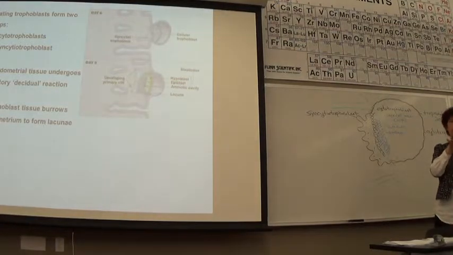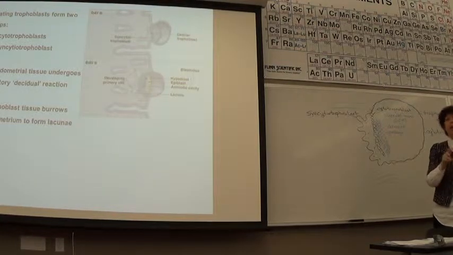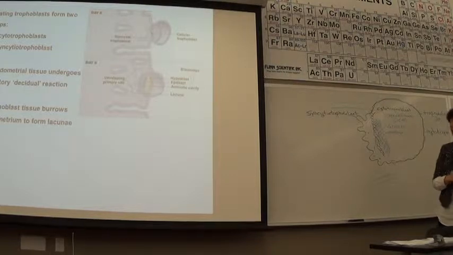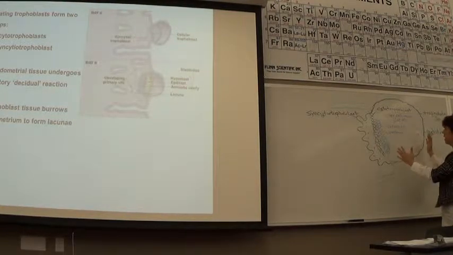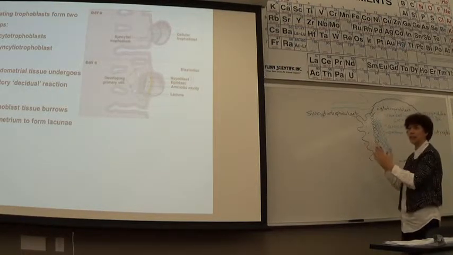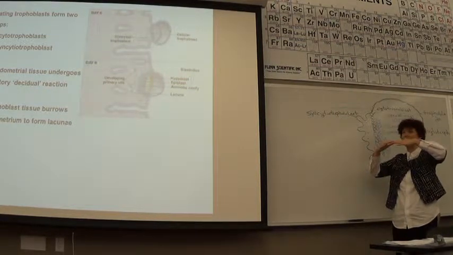They send column-like structures down into and separating the connective tissue of the stratum functionalis. As that occurs, the whole implanting embryo sinks down into the stratum functionalis, as well as the stratum functionalis kind of growing up around it.